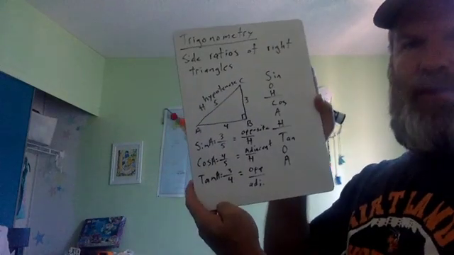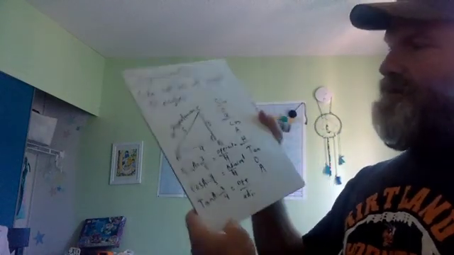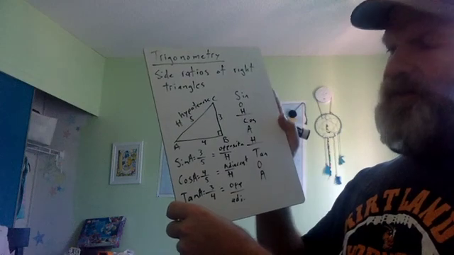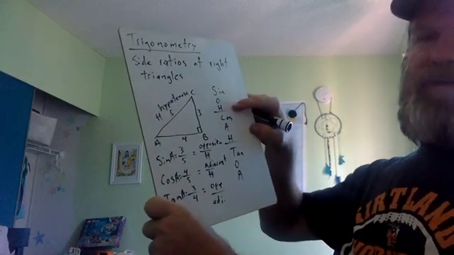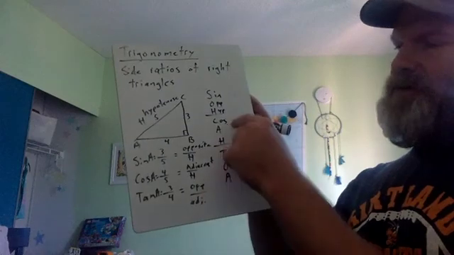So S stands for sine, C stands for cosine, T stands for tangent. Sohcahtoa. So the O, the H, and the A are your opposite, your adjacent, and your hypotenuse. So sine is O over H, opposite over hypotenuse. Cosine is A over H, adjacent over hypotenuse.